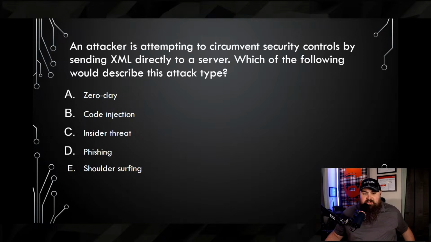Which one of the following would best describe this style of attack? Let me know in the chat if you think you know the correct answer.